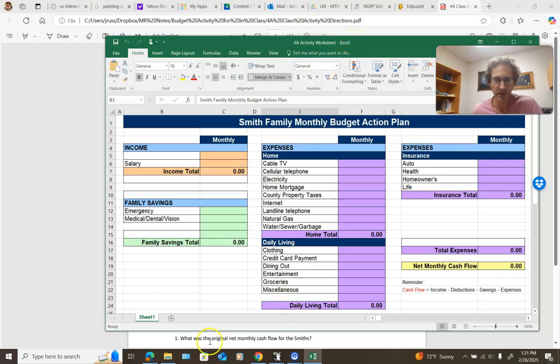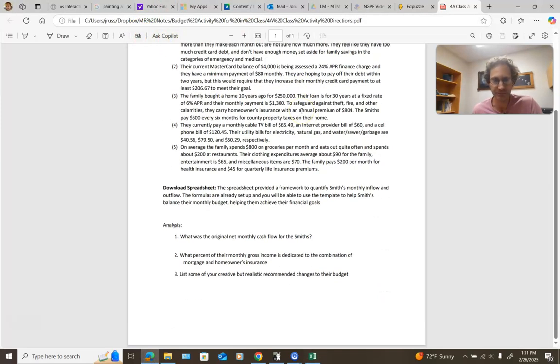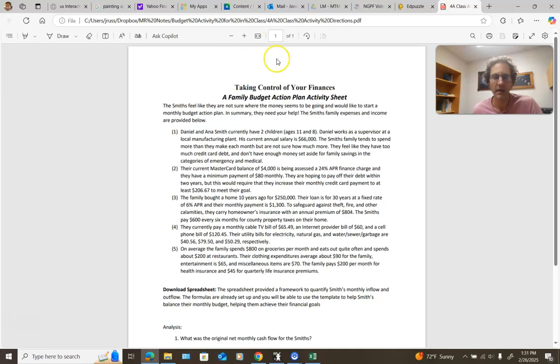So let's go back to the direction file. What we're going to do is read through this carefully, and as we come upon information, we're going to decide whether we need to include that in the budget or not.